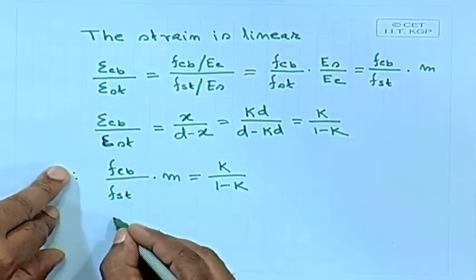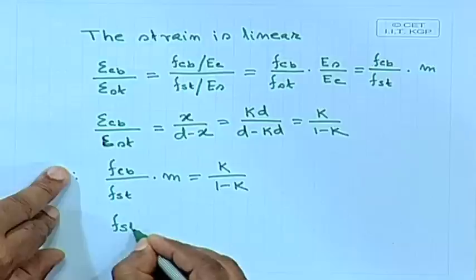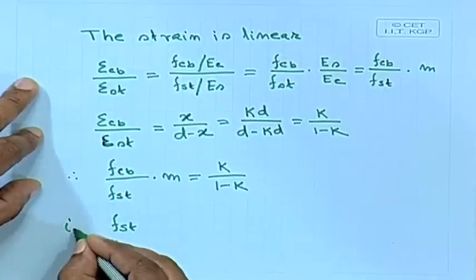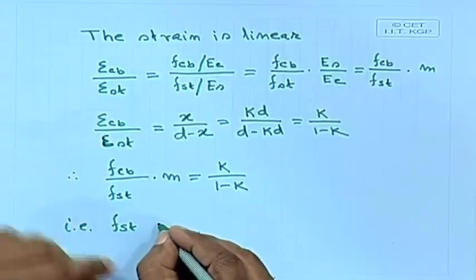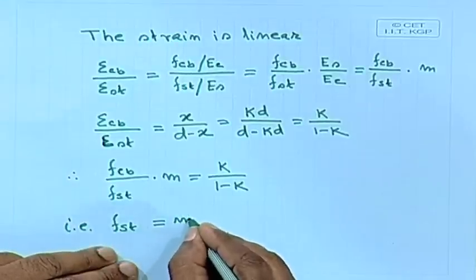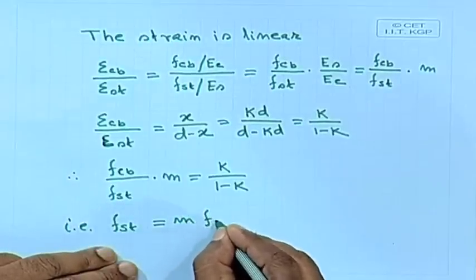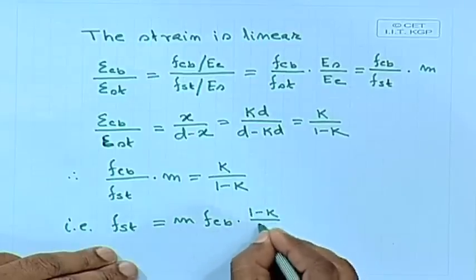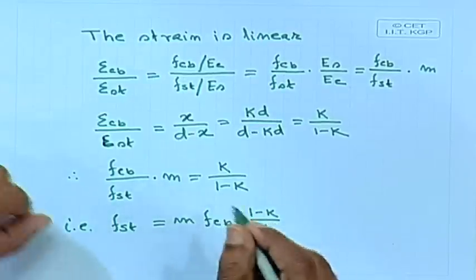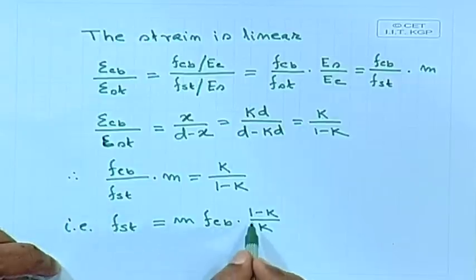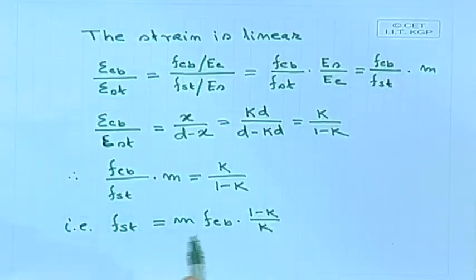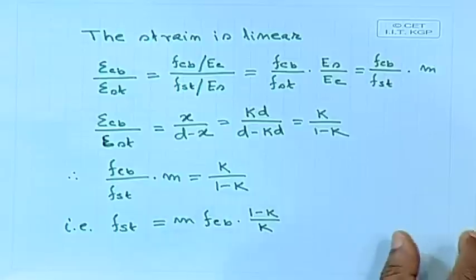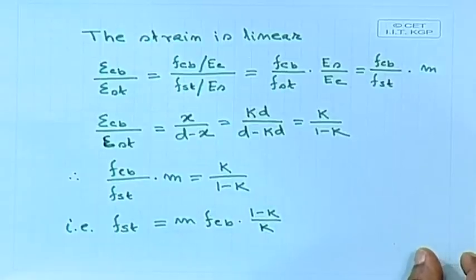We can write it in another way, F_st equal to m F_cb times (1 minus k) by k. Just rearranging the equation, F_st equal to m F_cb (1 minus k) by k. That also we can write down. Okay.